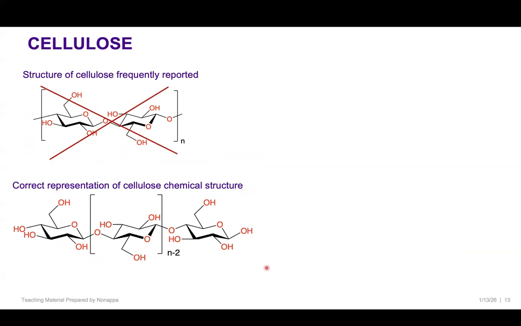Therefore, the correct way of representing it is this one, where we show at the center a glucose repeating unit and two other units which indicate the non-reducing and reducing ends. Whereas if you write it like cellobiose, we cannot indicate the reducing and non-reducing ends of this structure. Therefore, the currently accepted structure is this, which shows a glucose unit at the center and the two other units.